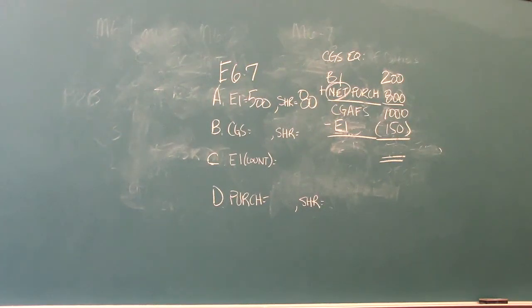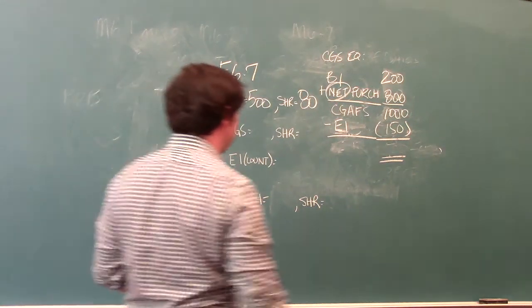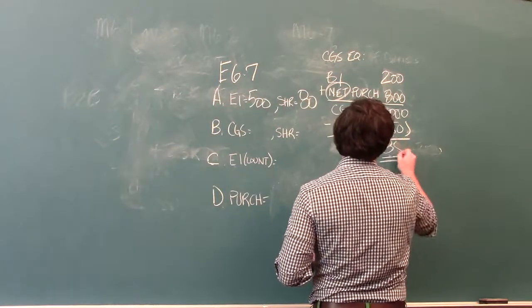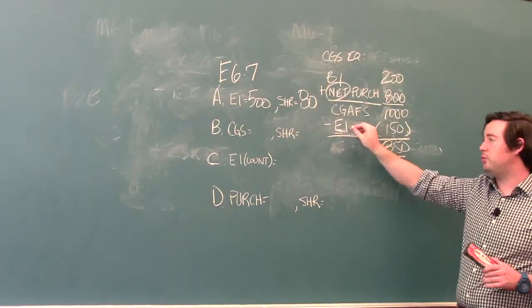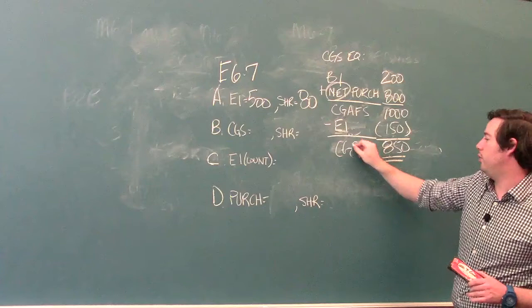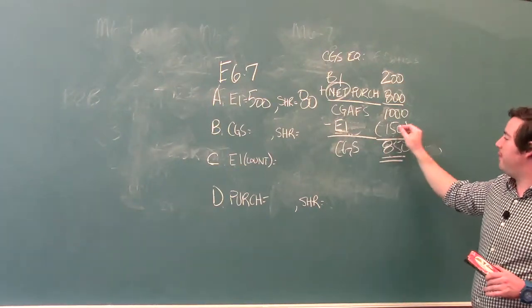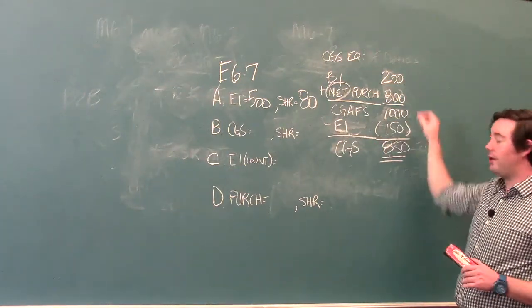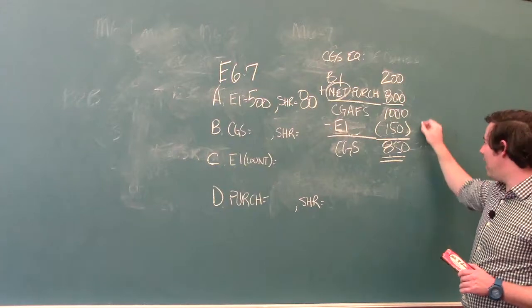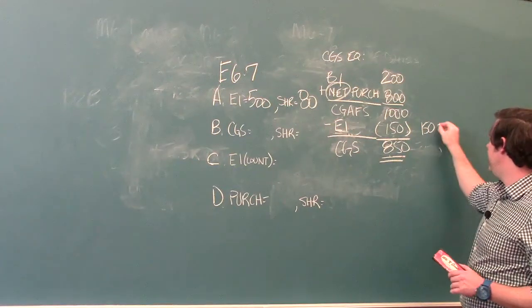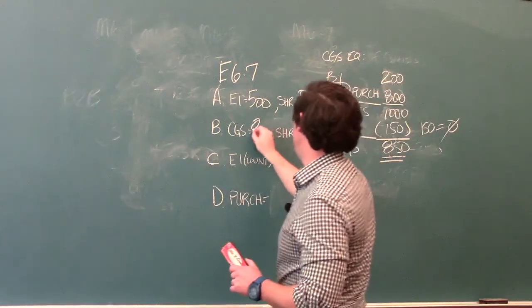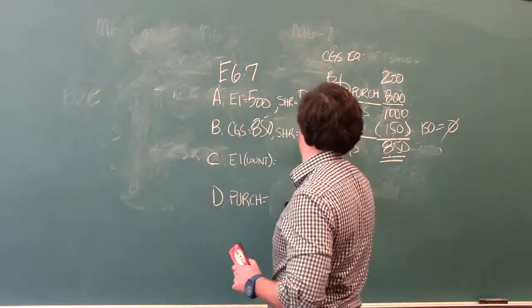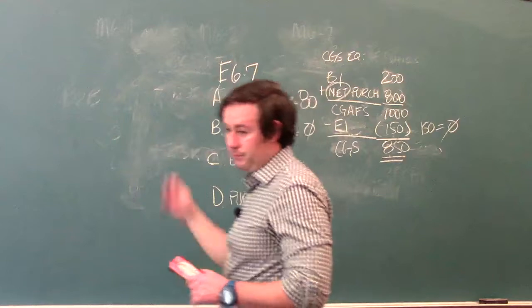The second part asks us to calculate shrinkage. When we compared this 150, because when we calculate shrinkage, we're looking at ending inventory. Okay, we're looking at ending inventory. So when we compare the 150 per the calculation to the count, which was 150, we find that our shrinkage is 0. So 850 for cost of goods sold, shrinkage 0.